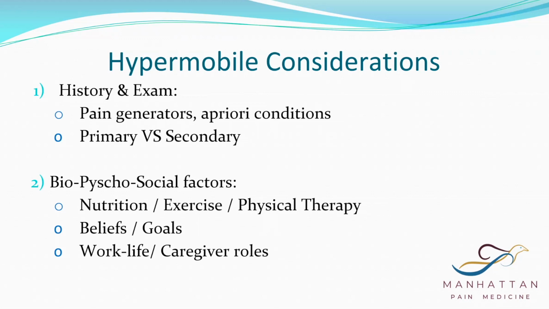Again, on a similar note, there are primary and secondary types of injuries that we see. Sometimes the patient will come in with their chief complaint being a secondary injury. Let's say they have a lot of pain in the side of their hip, but the primary injury is actually in the hip joint.